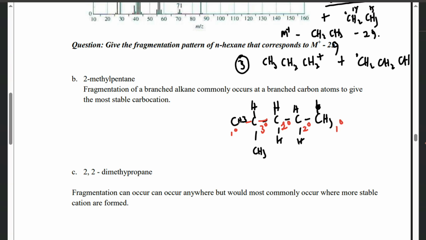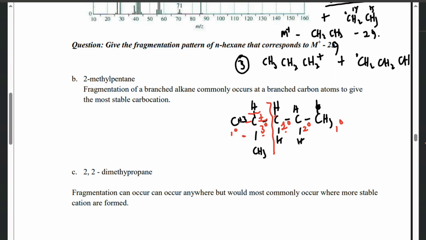Now, first of all, acknowledge the fact that fragmentation can occur at any point. It can occur here, here, any point. But the most stable carbocation, the most stable fragment, will occur between the 3 degree and 2 degree carbons. If you fragment here and give this point positive, this point negative, this will be more stable than this one.